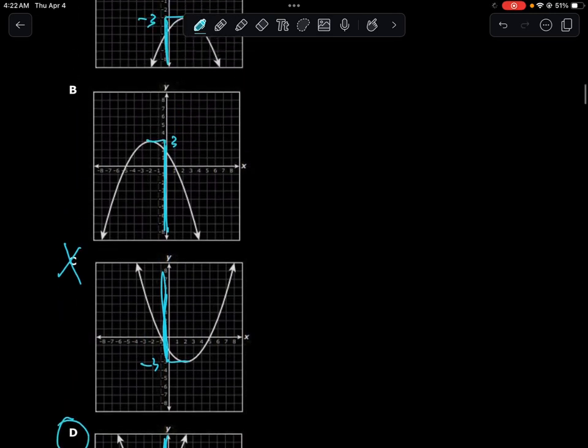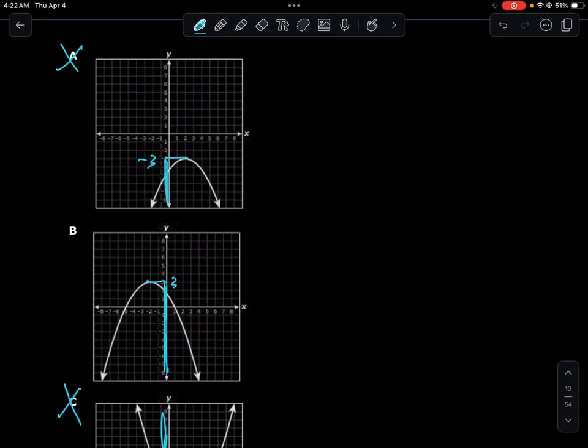What if they ask me about the domain of this function? What would the domain be? Find the domain. Basically, project on the x-axis, on the horizontal axis, and if we project, we see that we cover everything.